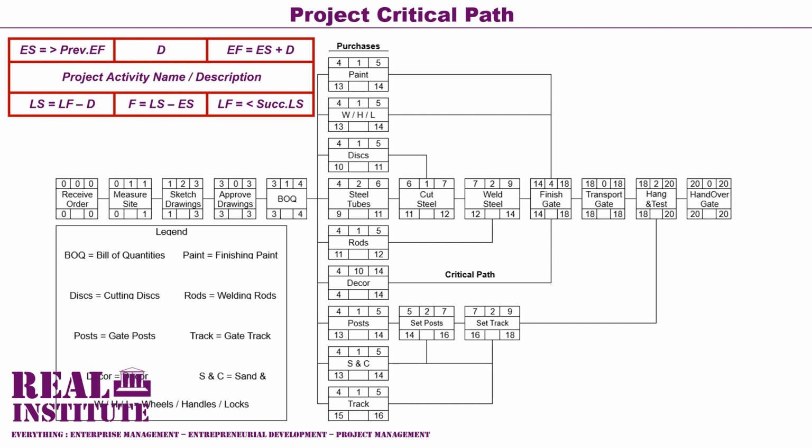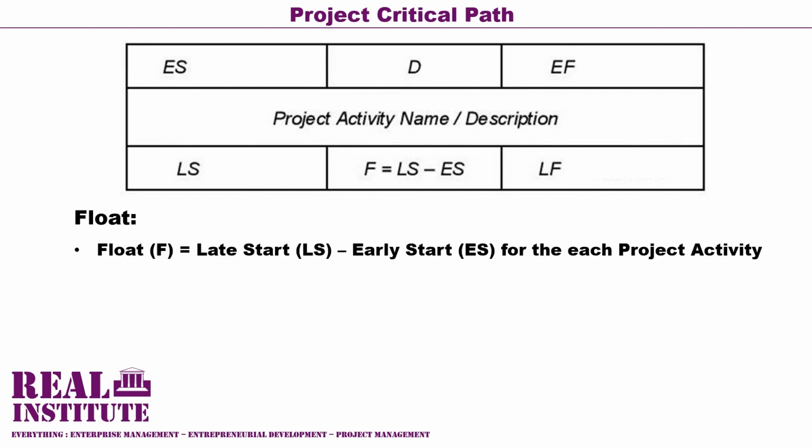Then the backward pass analysis is done, and 2 of the bottom 3 attributes, being the late starts and the late finishes, have been calculated for all the project activities. Lastly, calculating the float. Again, as you'd recall, float or slack time is the amount of time that a project activity can be delayed by without causing any of its successor project activities to be delayed.